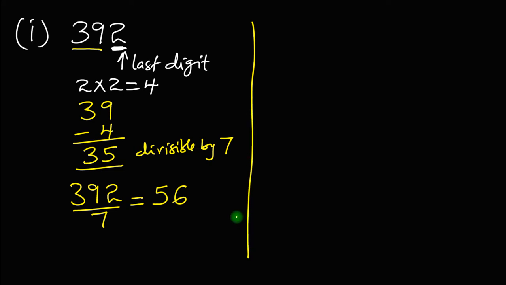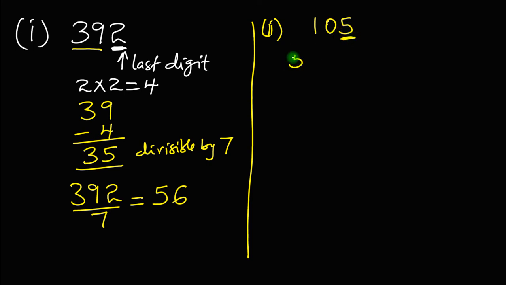We can also have another example. Example number 2, let us consider 105. Let us test whether 105 is divisible by 7. So we need to double the last digit.